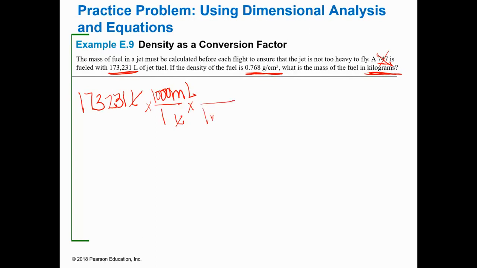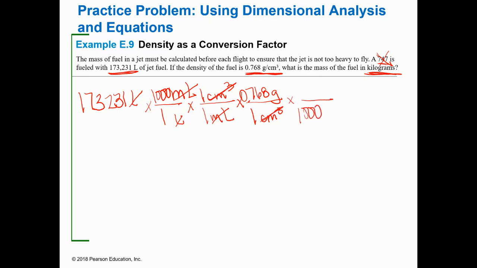Okay, and remember there's 1 milliliter in 1 centimeter cubed. And then here I've got 0.768 grams in 1 centimeter cubed. This is another thing. Just remember that if it has a slash, that means per, and that's always going to have 1 with whatever unit's on bottom.